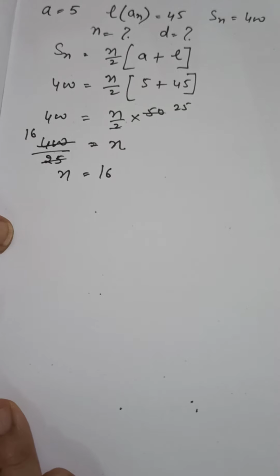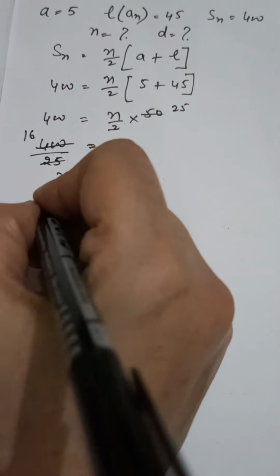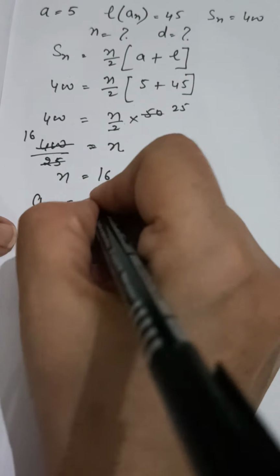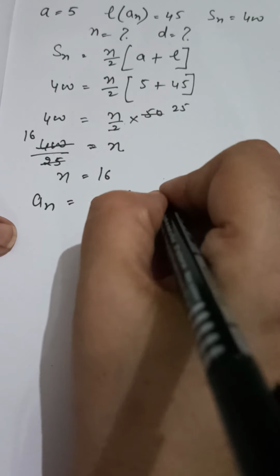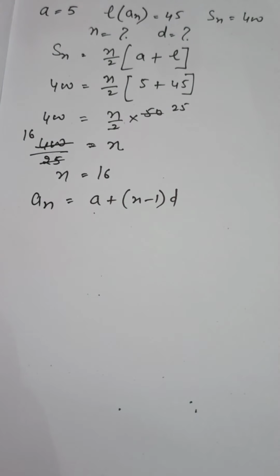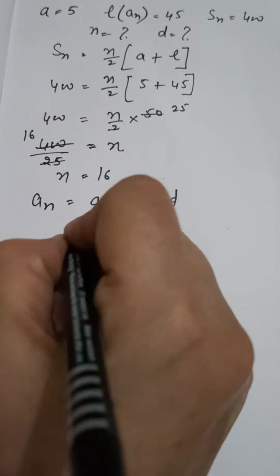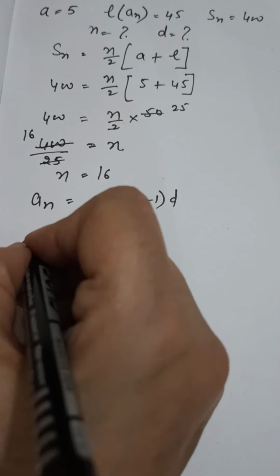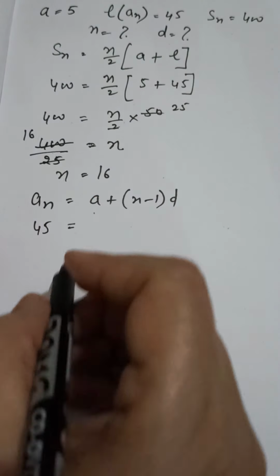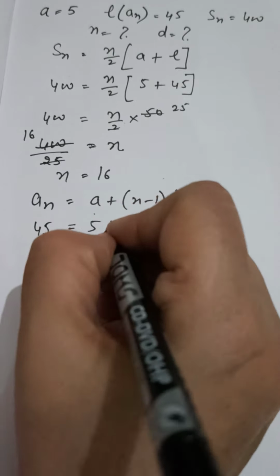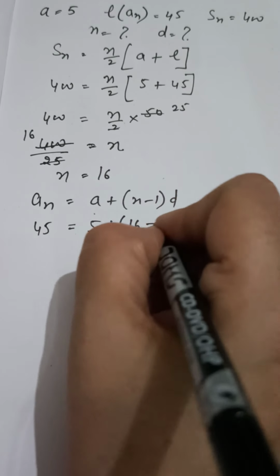Now for the second part we have to find D. So we will use the formula An is equal to A plus n minus 1 into D. When we use this, An is 45, A is 5, plus n is 16.